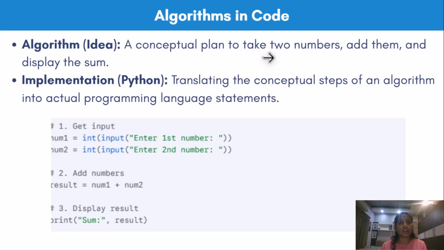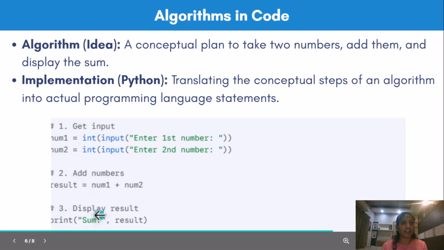For bigger codes, if we write these stepwise instructions, it will help us to debug and plan for the code prior. Okay, so here in terms of Python, the code is explained. We have taken two variables, stored the numbers, then we are adding them, and then we are displaying it.